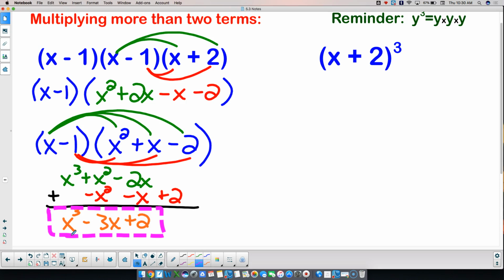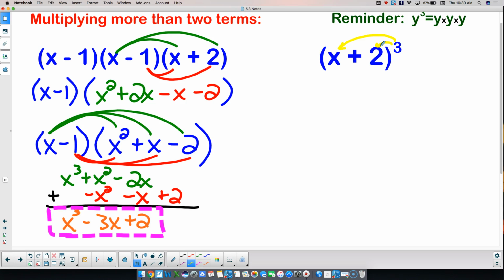Now, one of the traps that I've seen 958,000 times over the course of my teaching career is when people have something like x plus 2 quantity cubed. They think it's super easy. And all they have to do is take this 3 and put it into that exponent and take that 3 and put it into that exponent, and I get x cubed plus 8.